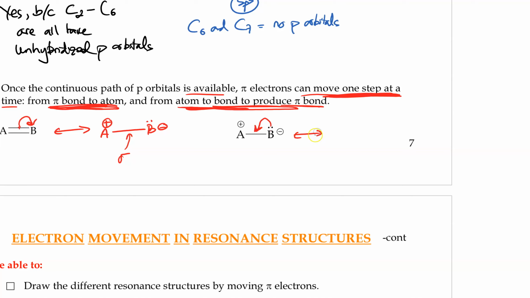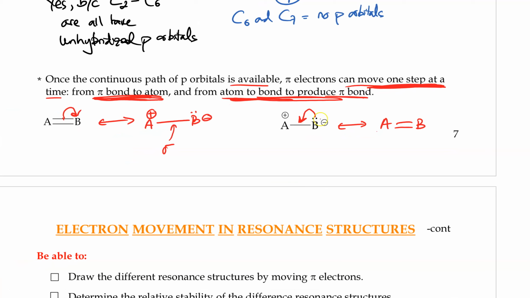And following this arrow, we are now producing a double bond between atom A and atom B. So again, each of these is a step, and electrons are moving one step at a time. And we will continue to see many of these steps combined together to produce many other resonance structures in organic molecules.